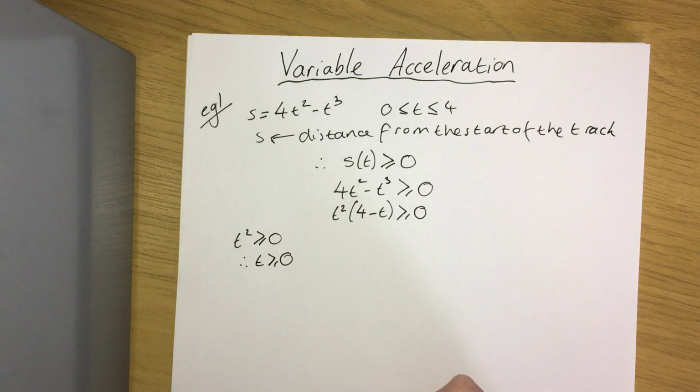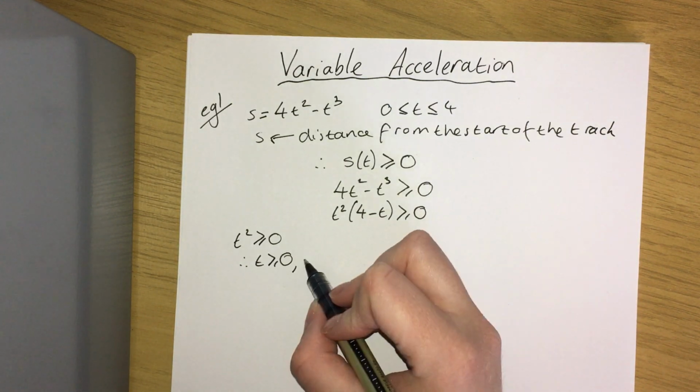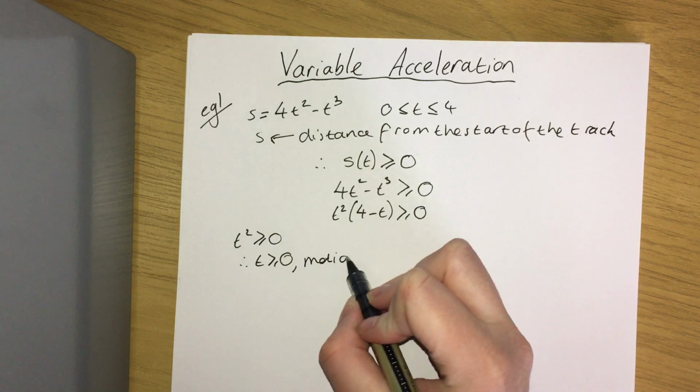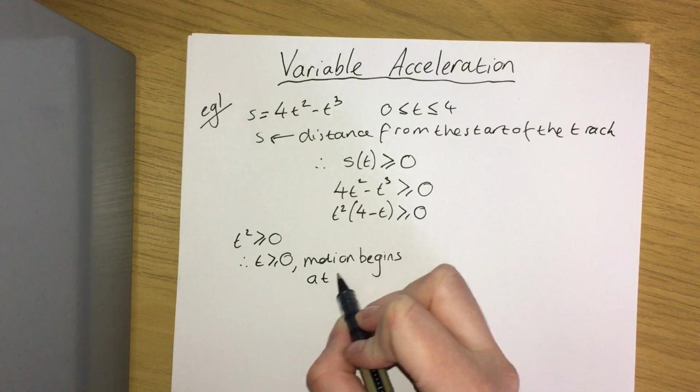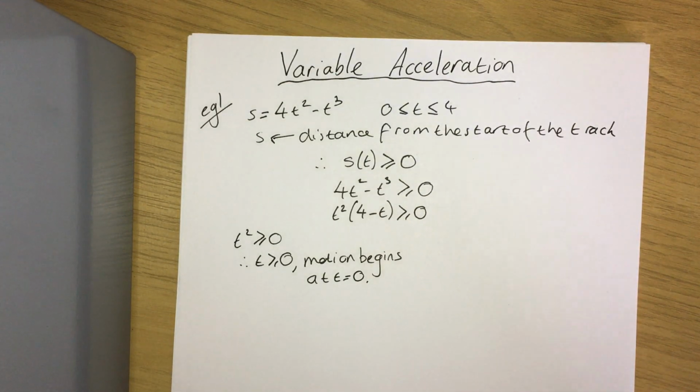Therefore t itself has to be greater than or equal to 0, for all values of t. But we also know from the question, motion begins at t equals 0.